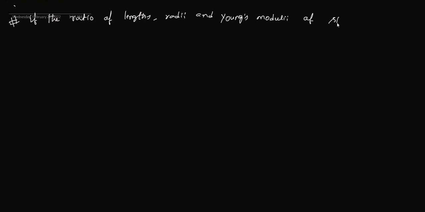Question says: if the ratio of lengths, radii and Young's moduli of steel and brass wires in the figure are A, B, and C respectively.